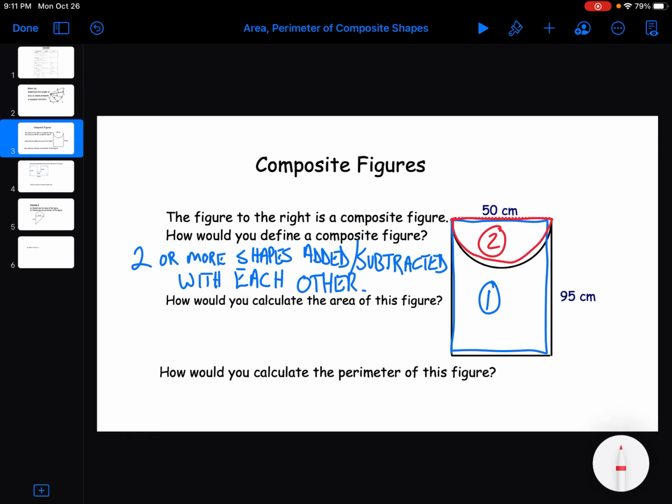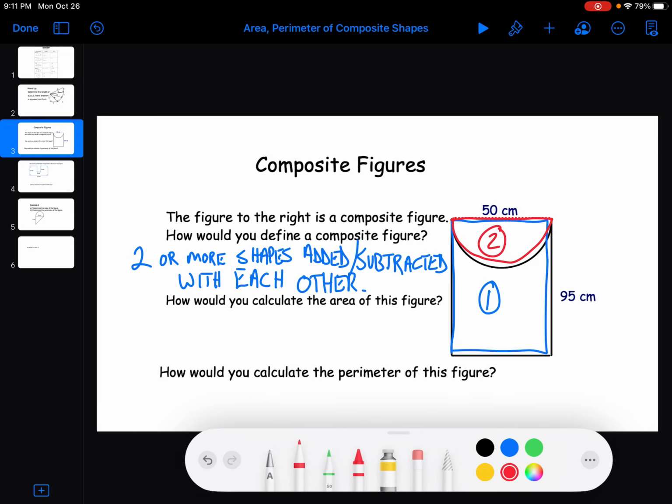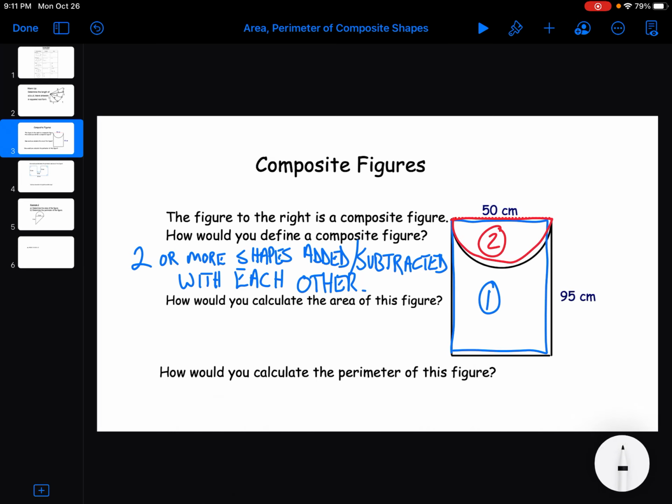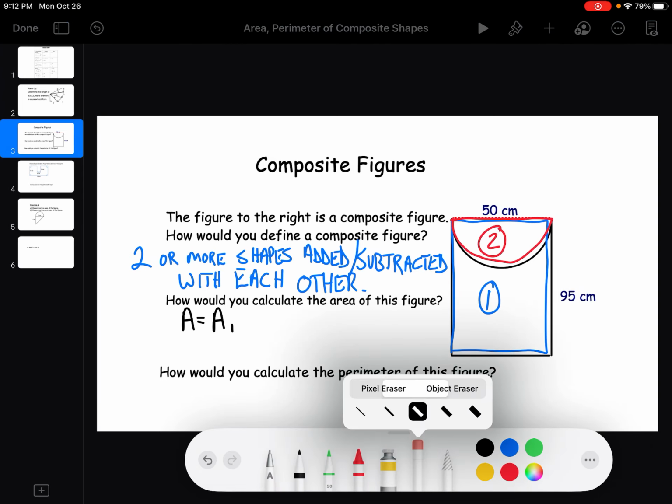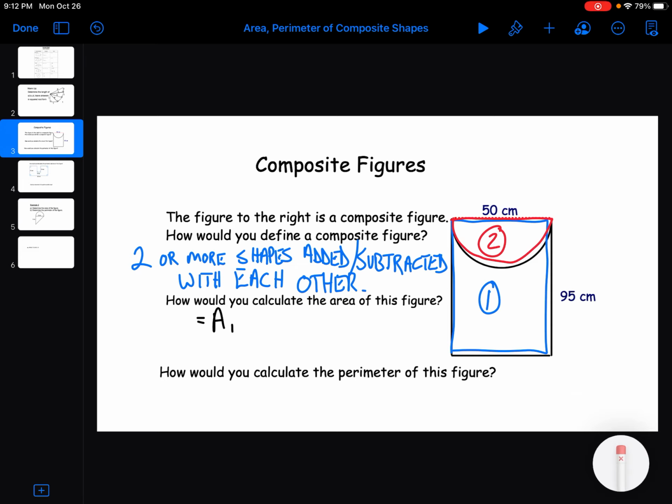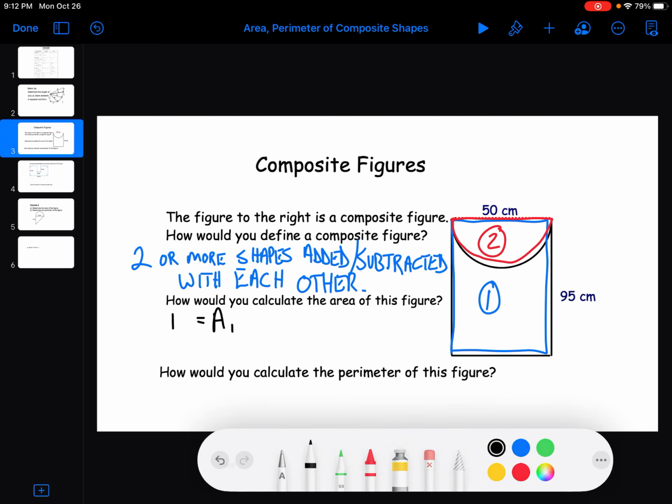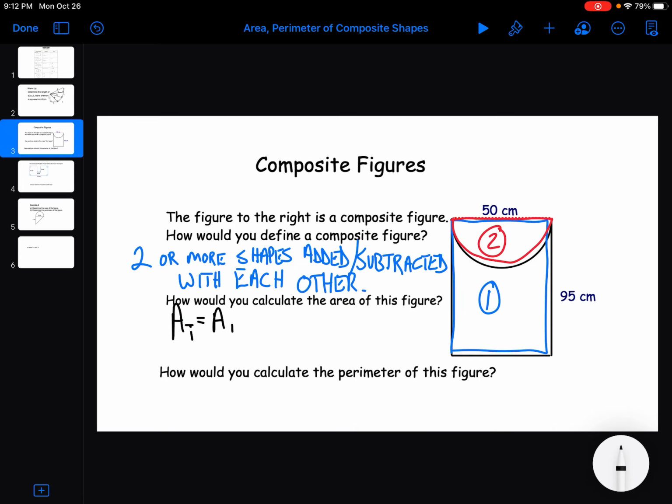So for the area, let's write area total, because we want the total area at the end. Area total equals area 1 minus area 2.